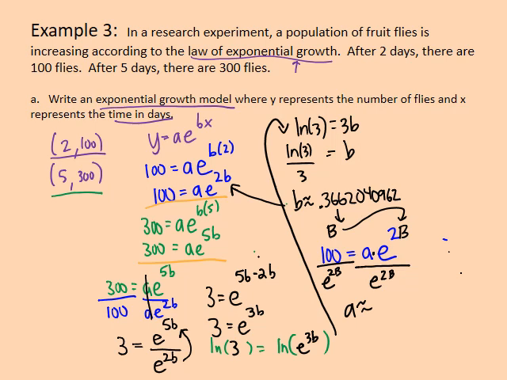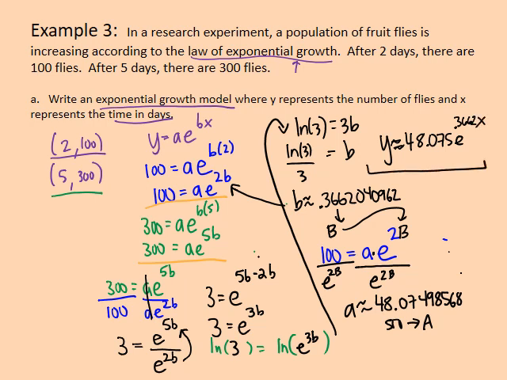Now I'm using that stored value, and when I put that into my calculator, I get 48.07498568, which I'm going to store in my calculator as A. So my final answer for this equation is y equals approximately 48.075 times e to the 0.3662x.